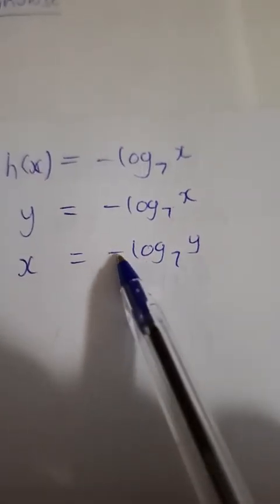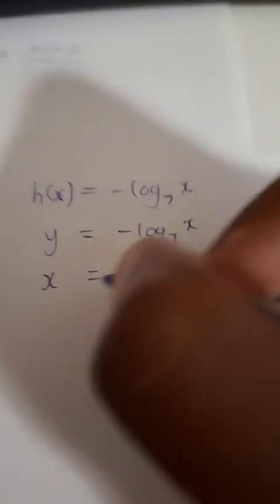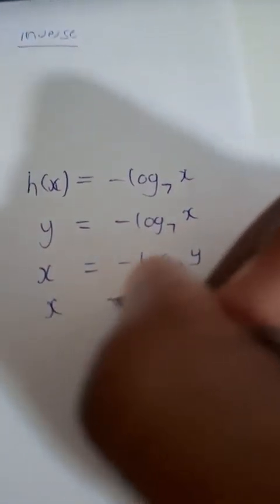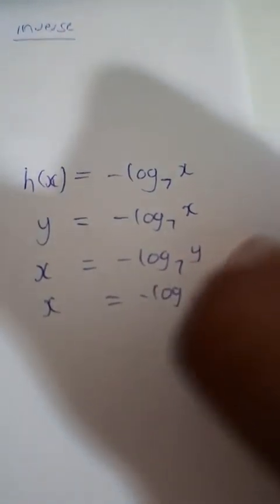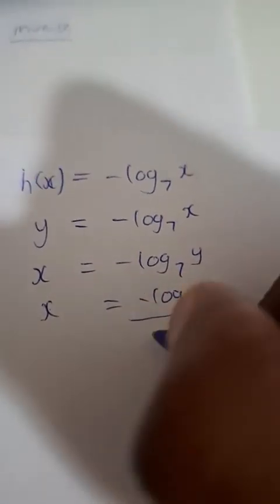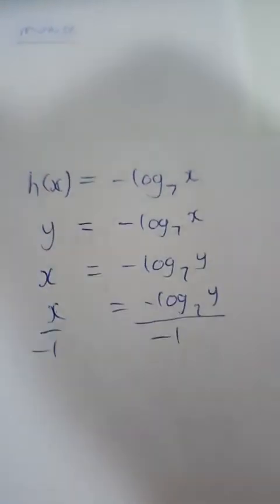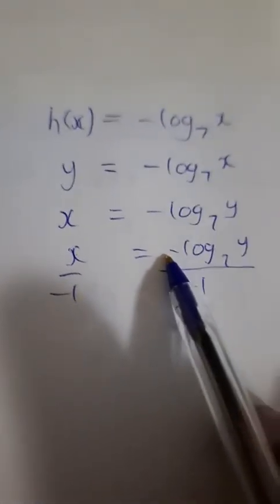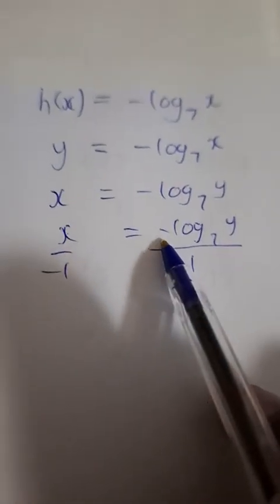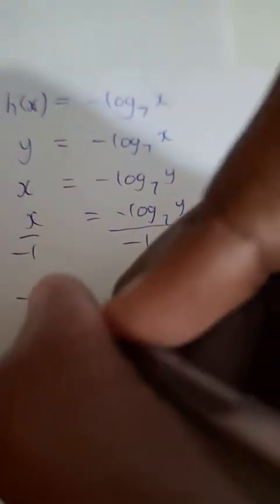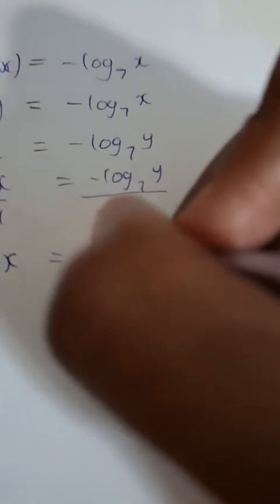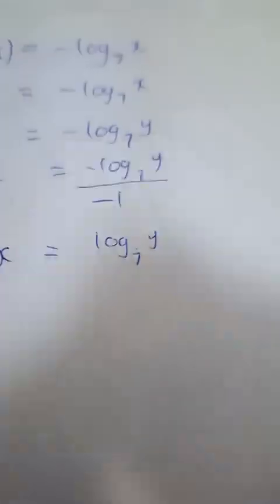So we are going to divide both sides by negative 1, which is very important because this negative needs to change. Then we have negative x is equal to log y base 7.